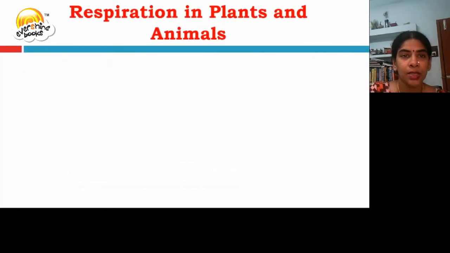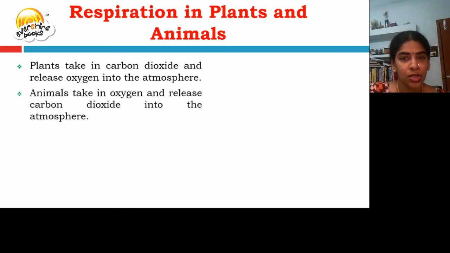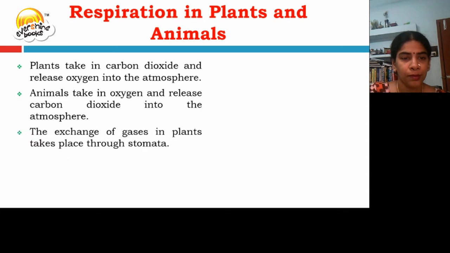Let us compare the respiration process in plants and animals. Plants take in carbon dioxide and release oxygen into the atmosphere. Animals take in oxygen and release carbon dioxide into the atmosphere. The exchange of gases in plants takes place through stomata.